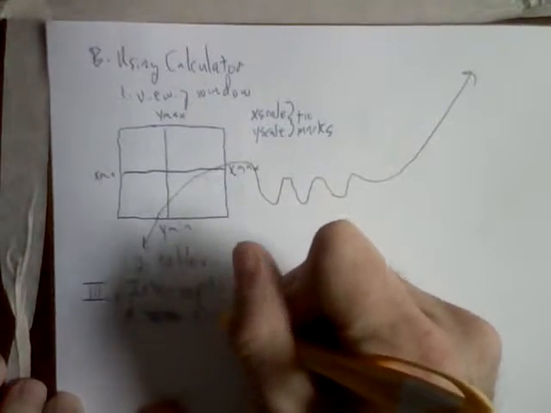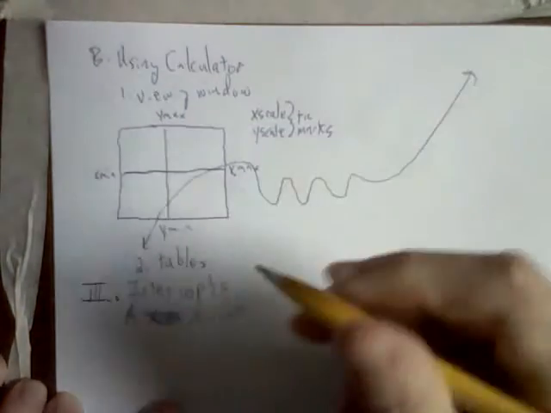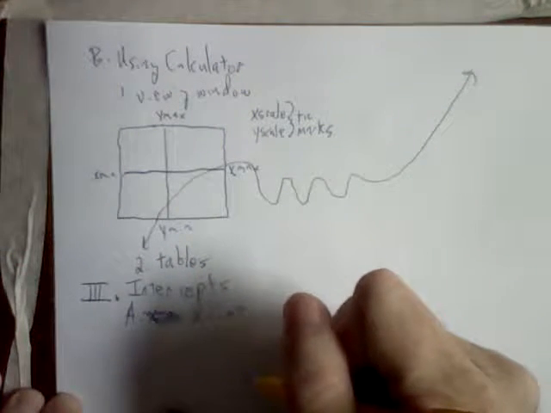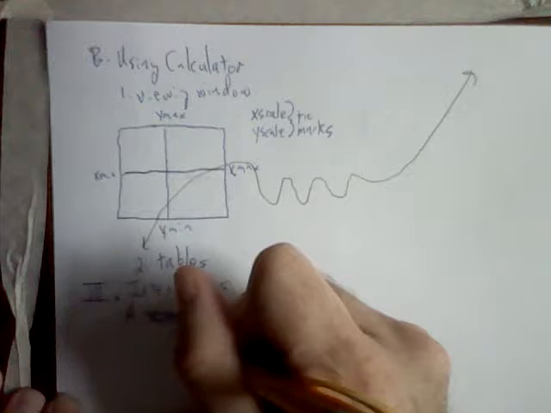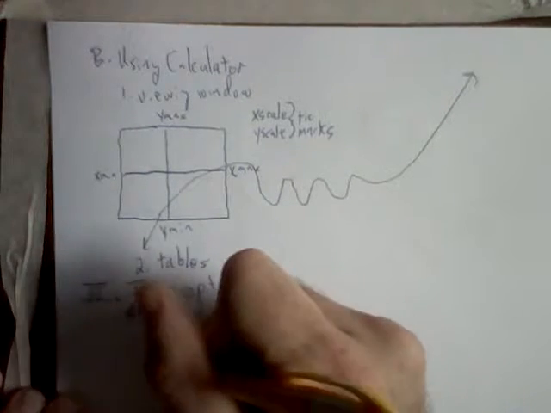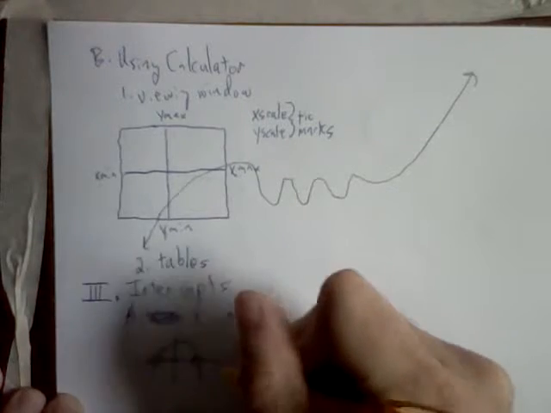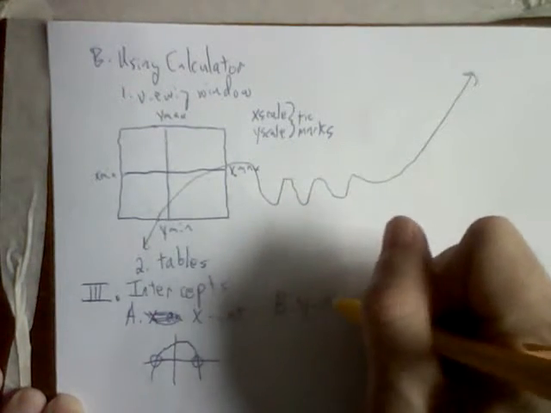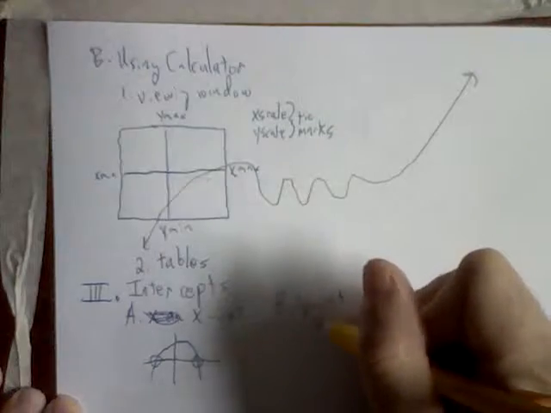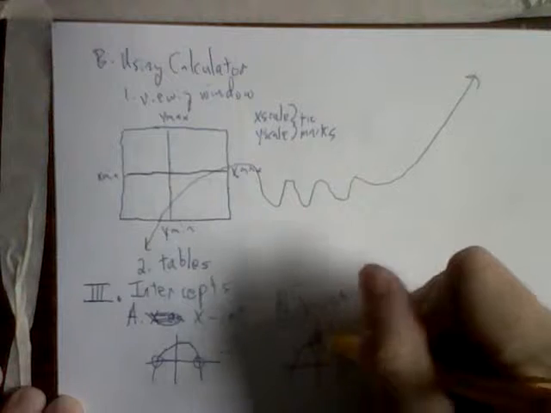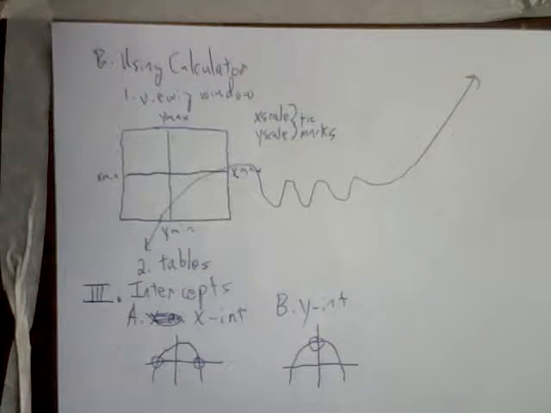There's an x-intercept, and this is where your graph crosses the x-axis. For a particular example, we have our friend the parabola, and it's crossing the x-axis in 2 places there. Then the y-intercept, of course, is where it crosses the y-axis. So the same graph crosses the y-axis at that point.